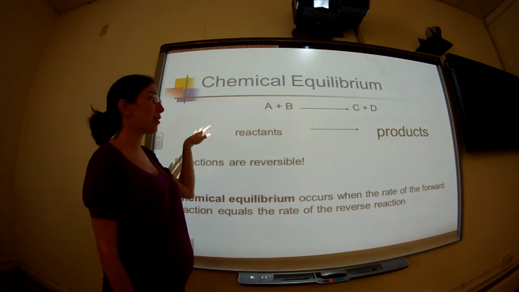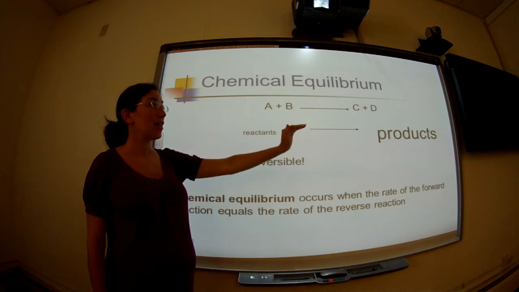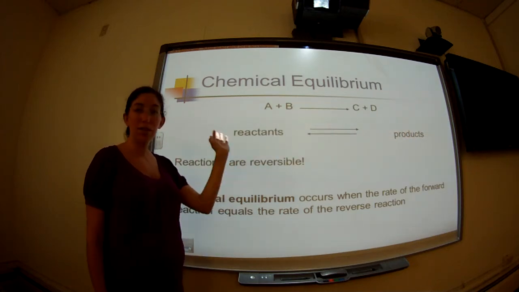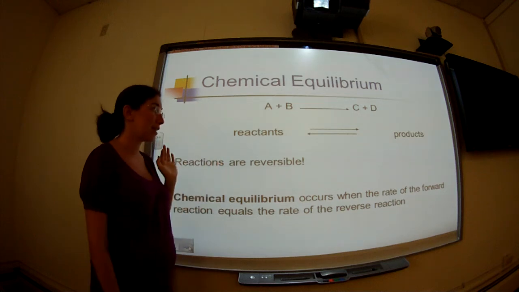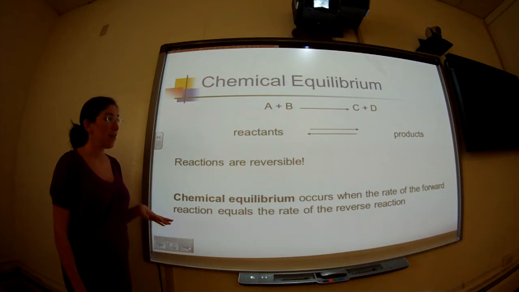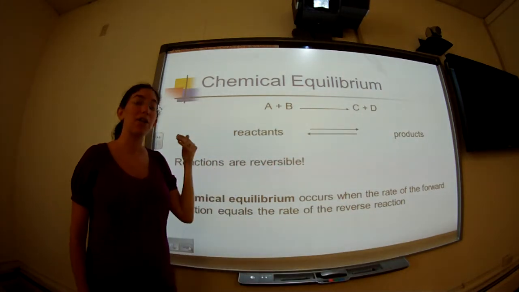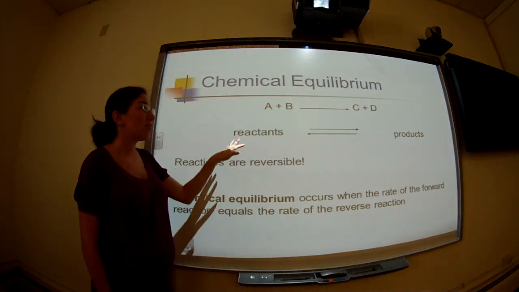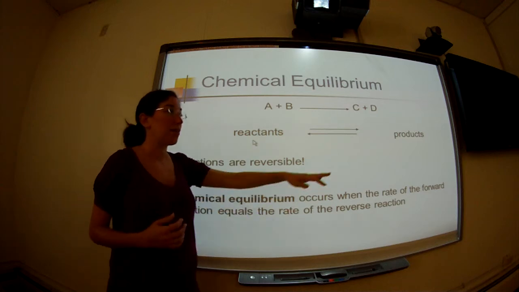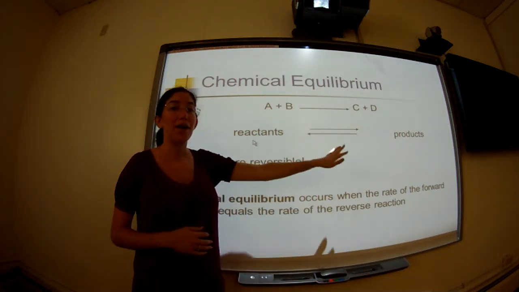So in a chemical reaction, reactants start going to products, okay? In a reversible reaction, the products also can go back to the reactants. And at equilibrium, the rates of going forward and going backward are the same, okay? As you can see here, I've purposely made the reactants bigger than the products, so you can see that at equilibrium, it's not necessarily the same amount of each.